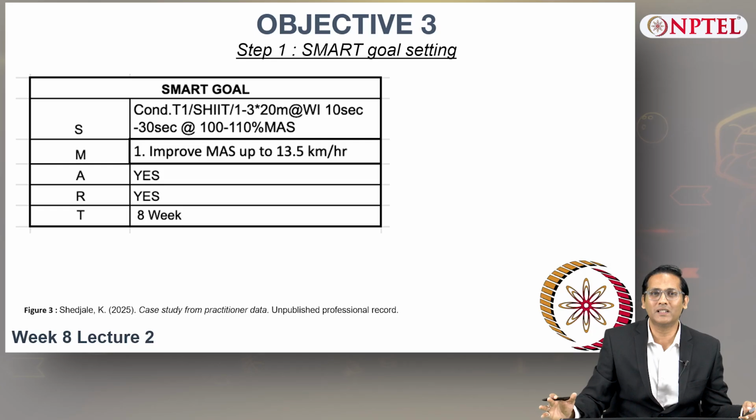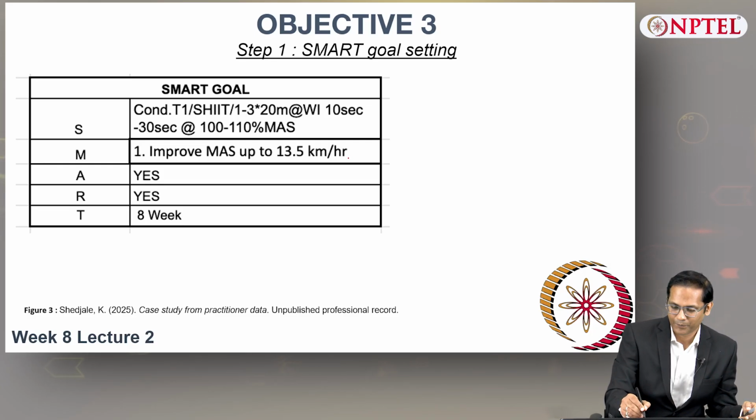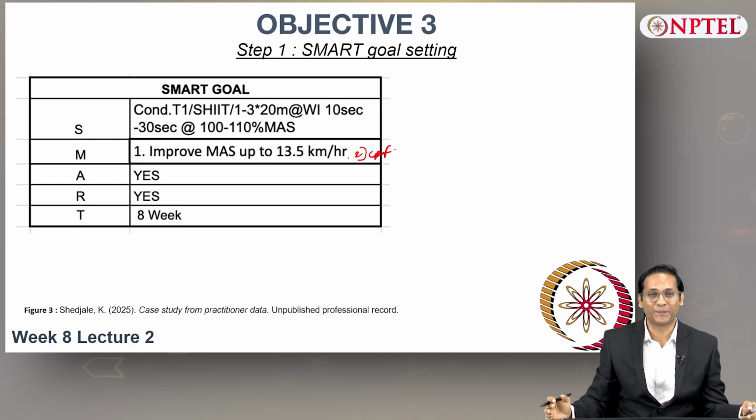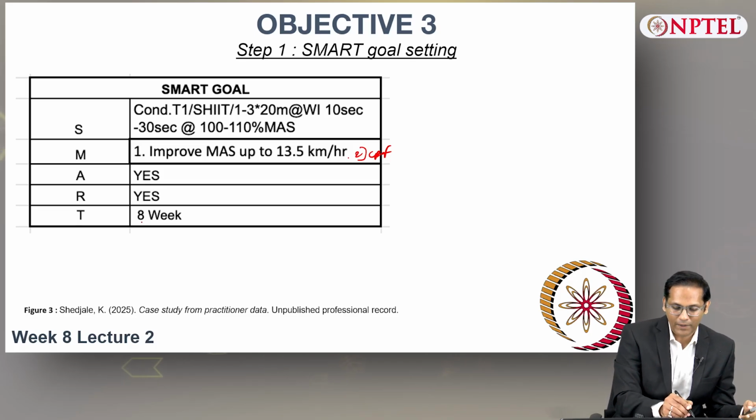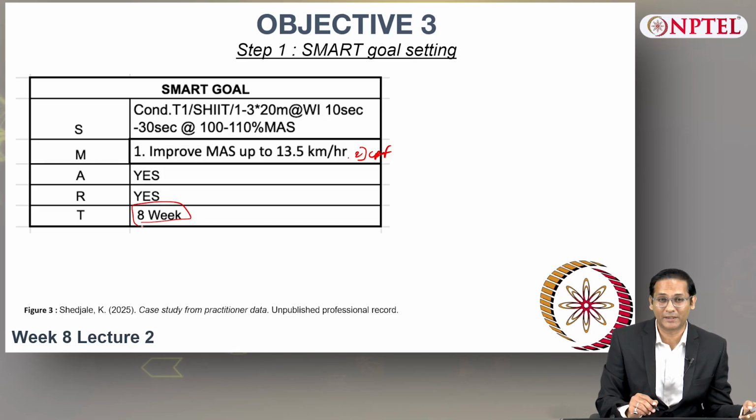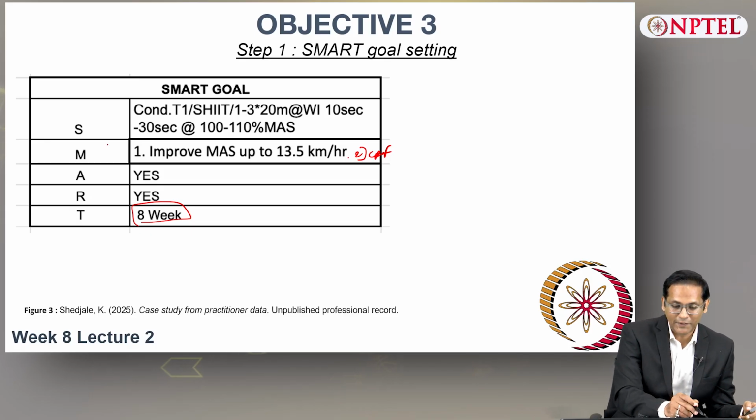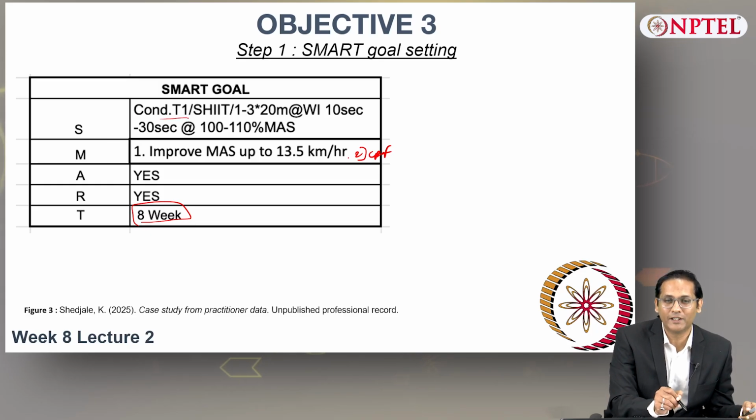So here is the gap identified: to improve the cardio as well as to improve the aerobic conditioning. And in order to do this, the time frame that is set is 8 weeks. The specificity that is created is your aerobic conditioning needs to be improved.